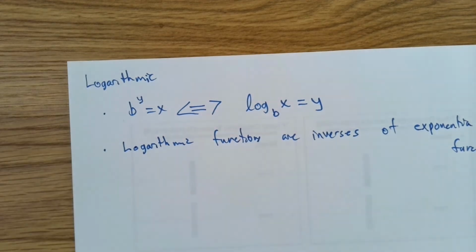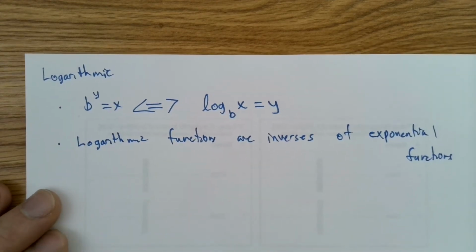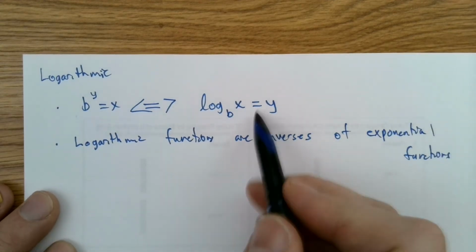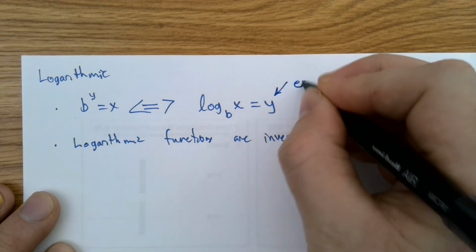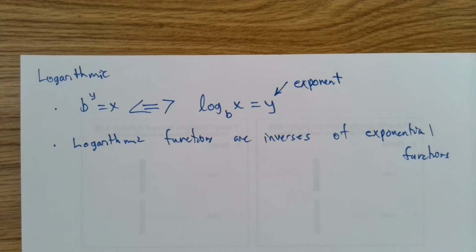That's what made this connection true. You needed to be able to write in either form. You need to be able to evaluate. You need to know that the logarithm spits out an exponent. And you needed to be able to model with these things.